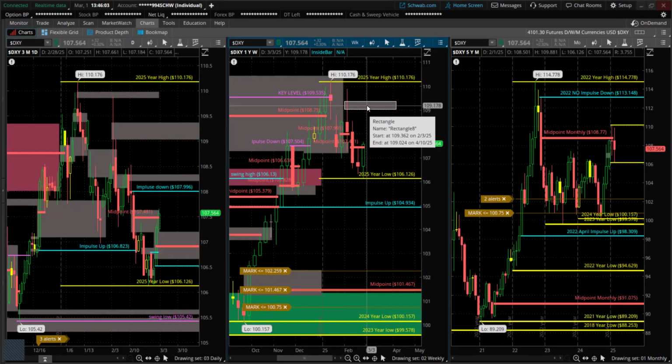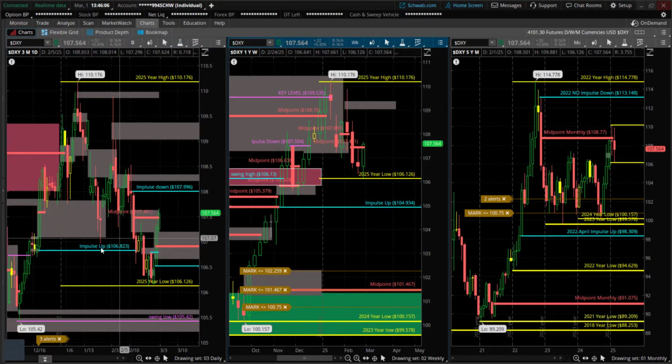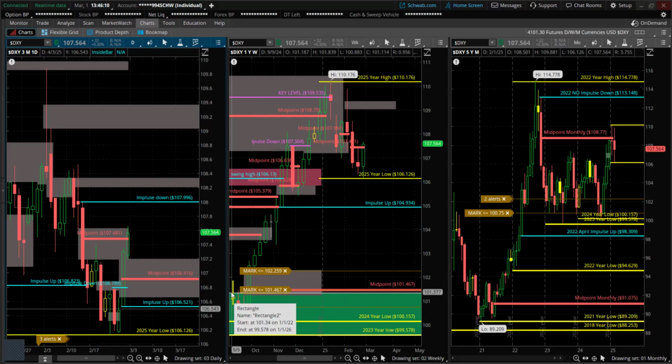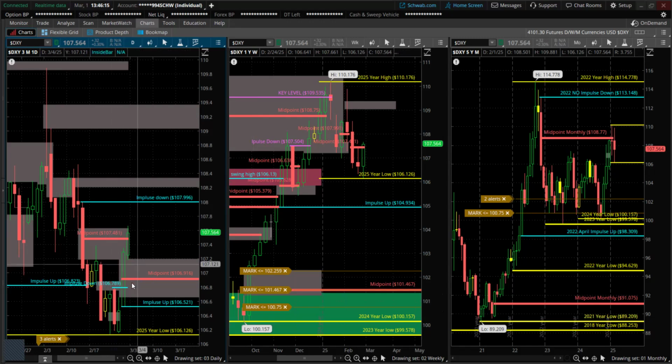To get better insight, let's go to the daily on the far left. They closed on a smaller trading range. Still green the past 3 days, but a smaller trading range on Friday, which went inside, and broke above the midpoint of that big impulse move, that red horizontal line, that blue horizontal line on top, showing the red impulse move down weak, and that midpoint and imbalance area, broke above it.